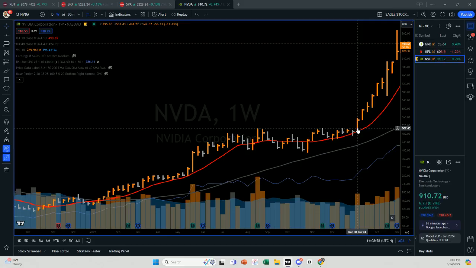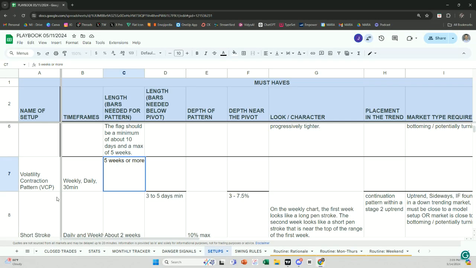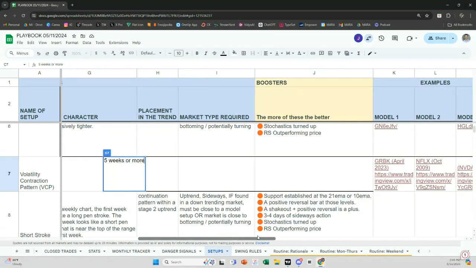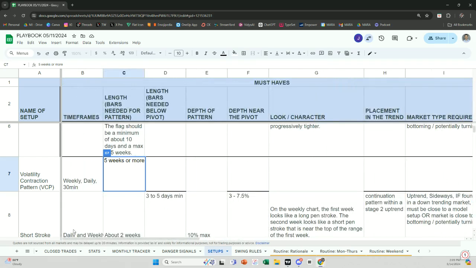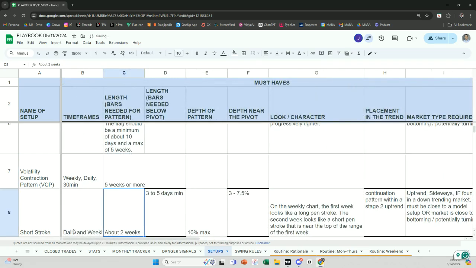We want to have many examples. And we also want to know what makes one of the things that we're looking for not just meet the minimum criteria, but what takes it from good to great, right? I call them boosters. You could call them whatever you want, but that's the general idea.